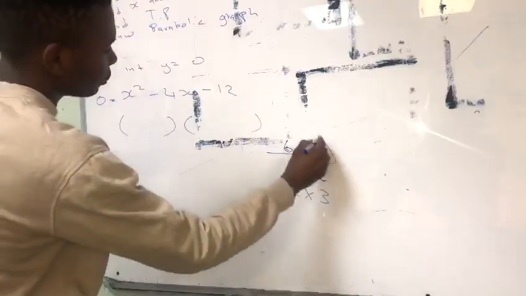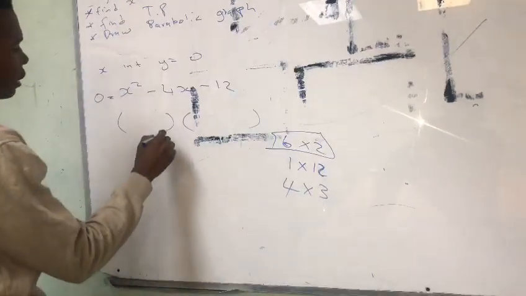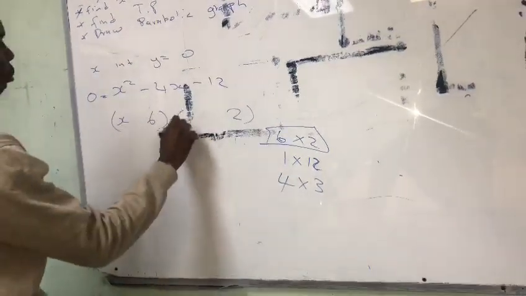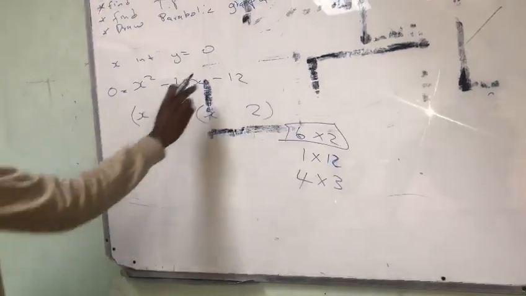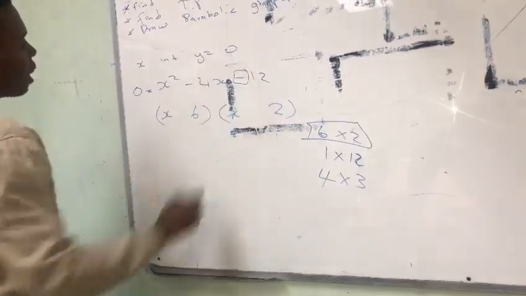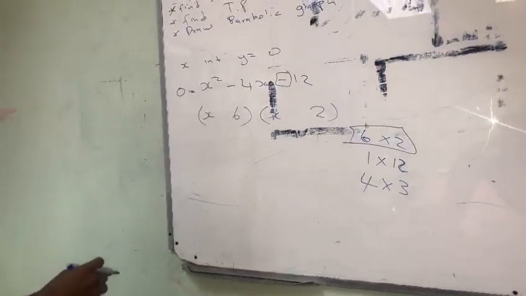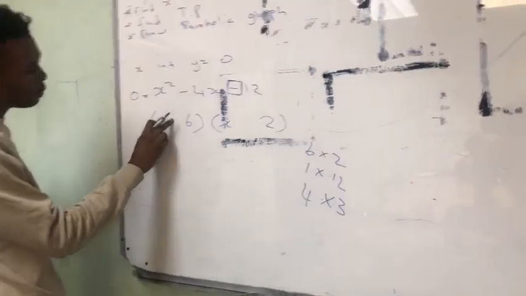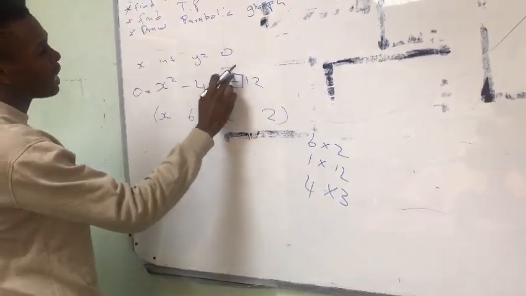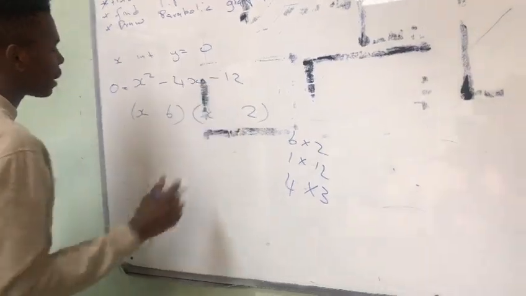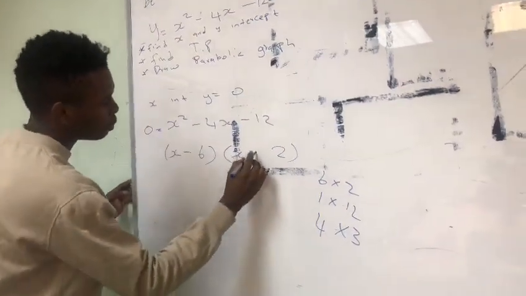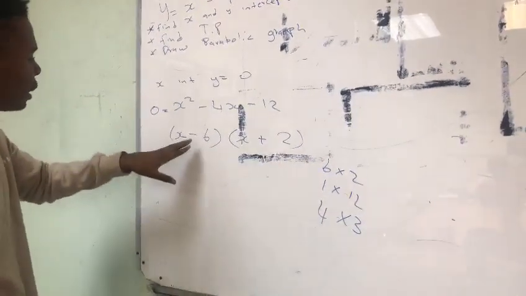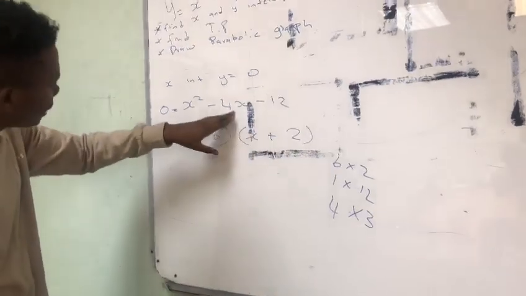It is 6 and 2. Here we put x, here we put x. Which signs? Because the sign here is negative, our signs will be different. We are going to have minus 6 and positive 2, because minus 6 plus 2 gives us negative 4.